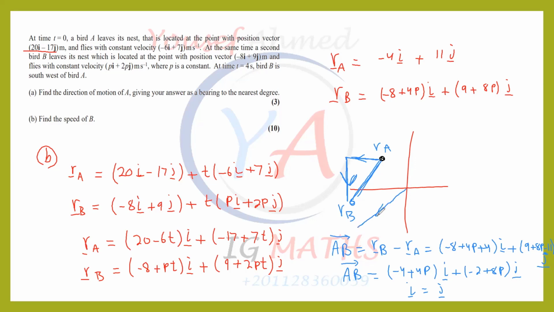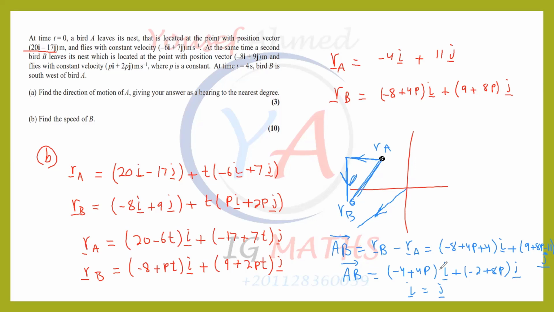So you're moving the same distance horizontally, then vertically, or vertically, then horizontally. So they are equal. So for the components of the vector AB, which is the position vector of bird B minus the position vector of bird A, the i component must be equal to the j component.